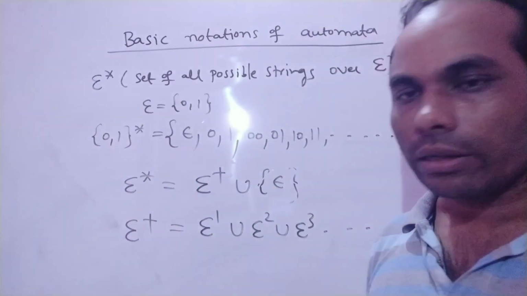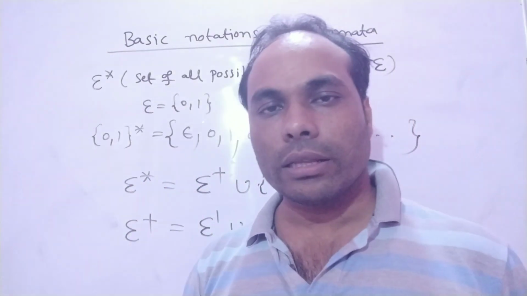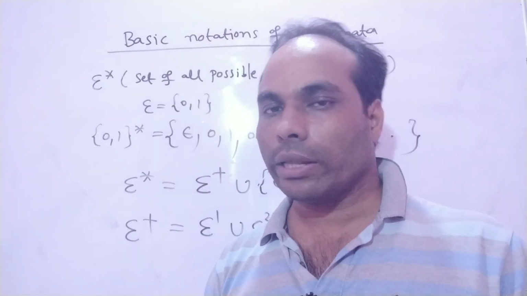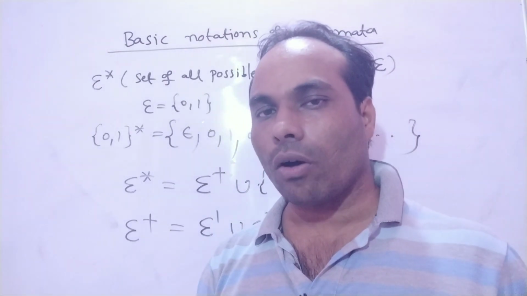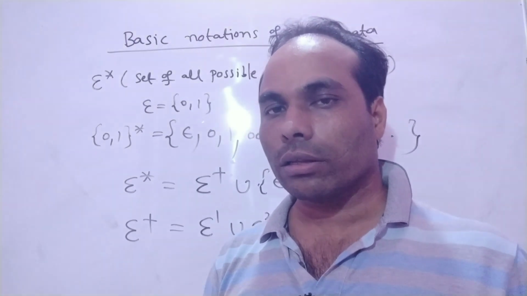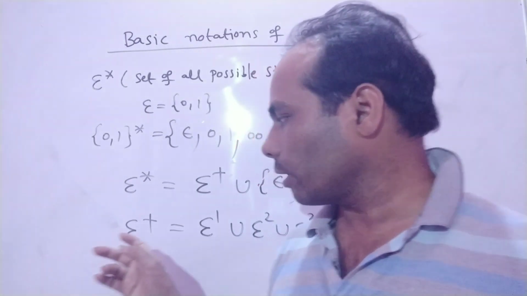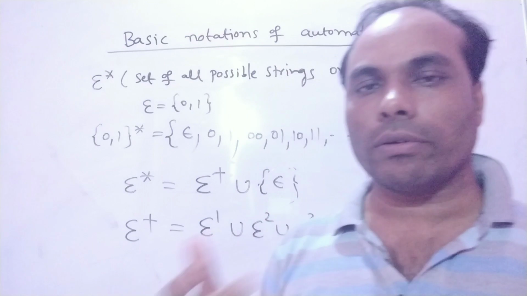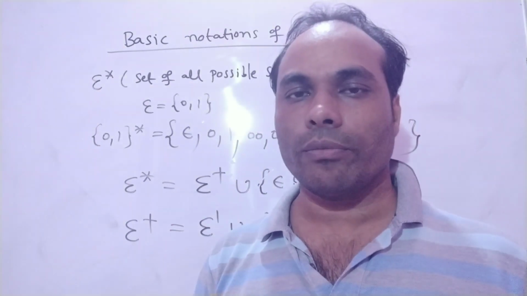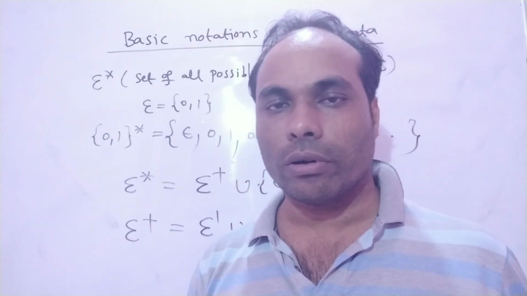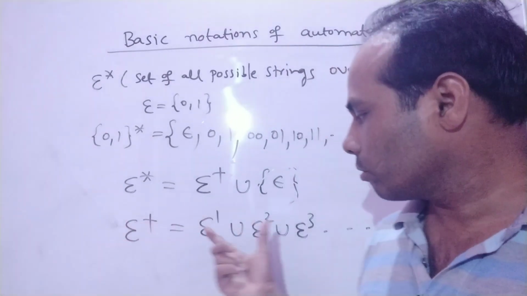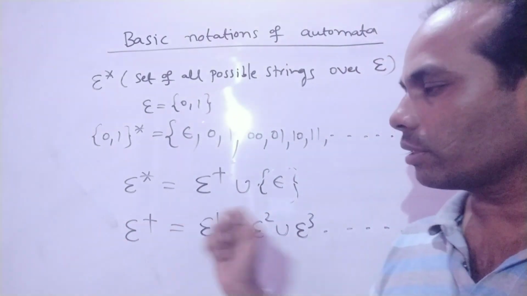One more representation is sigma plus. Sigma plus is where you are not going to count the empty string. Except for the empty string, all the remaining powers, so you remove the 0 power: sigma power 1 union sigma power 2 union up to sigma power n. The union of all these gives you sigma plus.